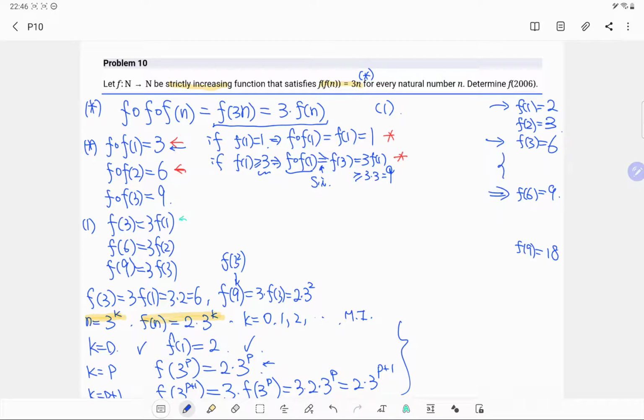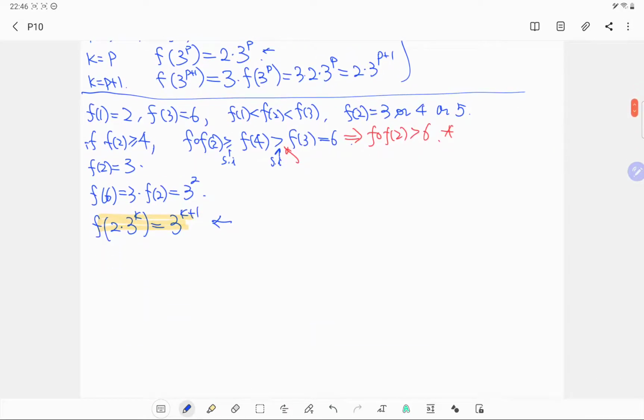So we can try to guess what f of 4 and f of 5 should be. So now we have f of 3 is 6. F of 6 is 9. And f is strictly increasing. And the only integers between 6 and 9 are 7 and 8.